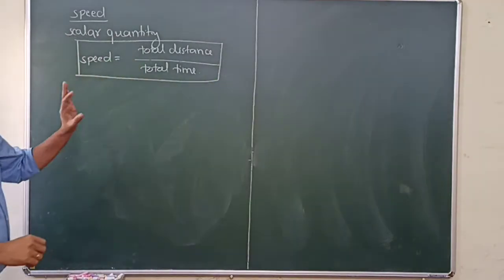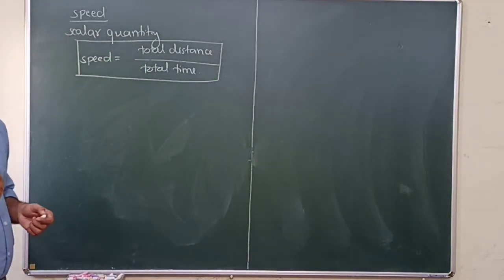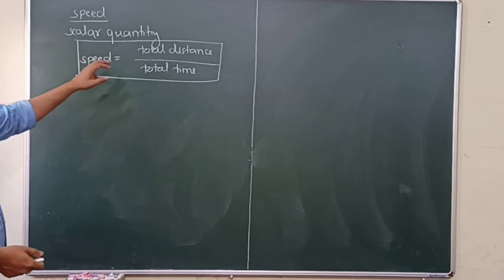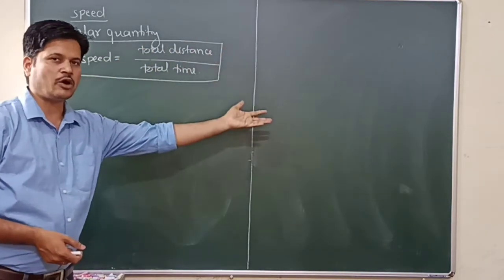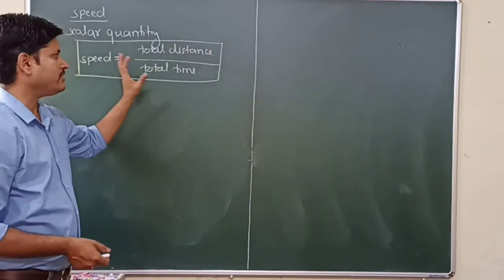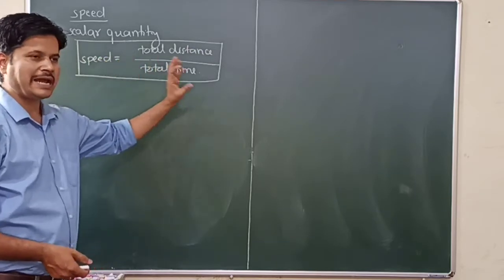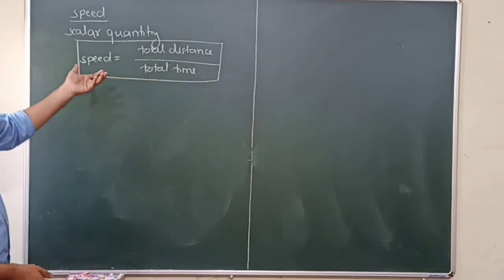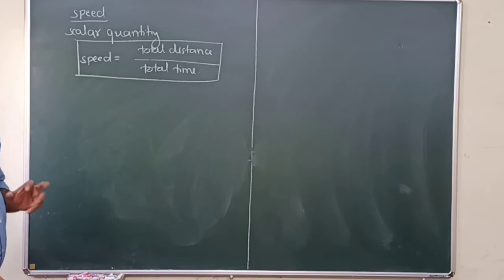This is speed. It is the total distance covered by the object in a given interval of time, or the total time taken by that object, correct?